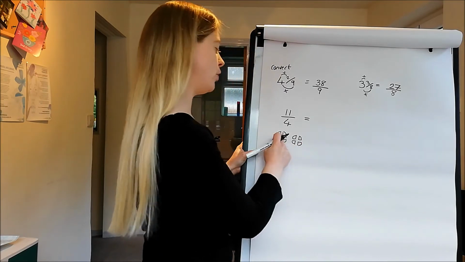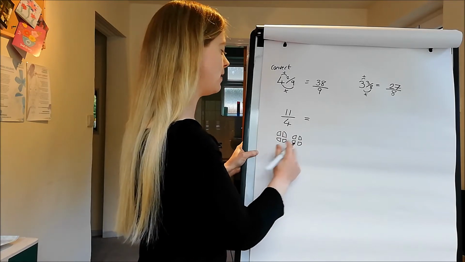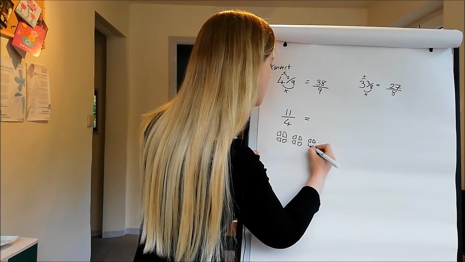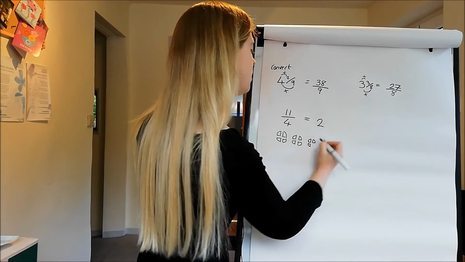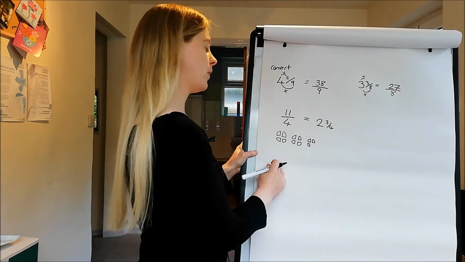So if we have a full cake, it's split into 4 equally sized pieces. So if I have 11 quarters of cake, I have enough for 2 full cakes with 3 quarters left over.